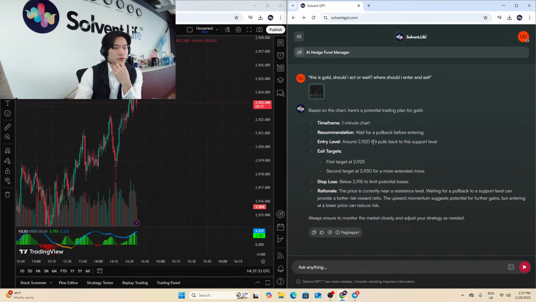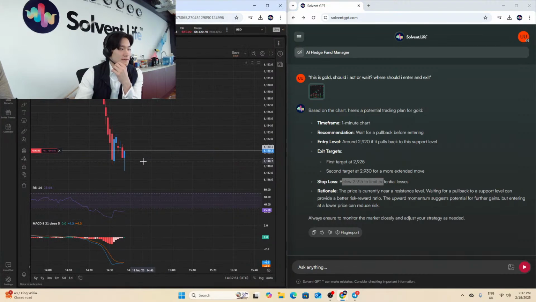Wait for a pullback before entering around 2920. So it pulls back to the support level, exit at 2925, back at the recent highs. Another stop loss here. And this is the trade we just placed here for a short.